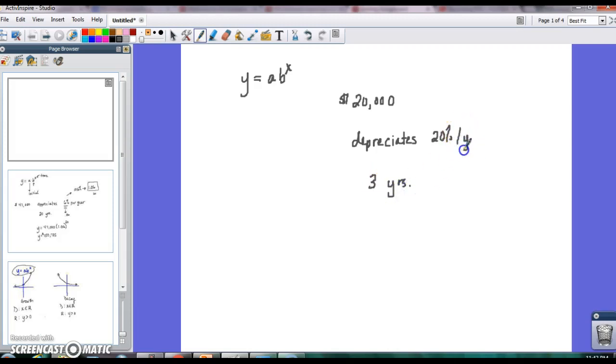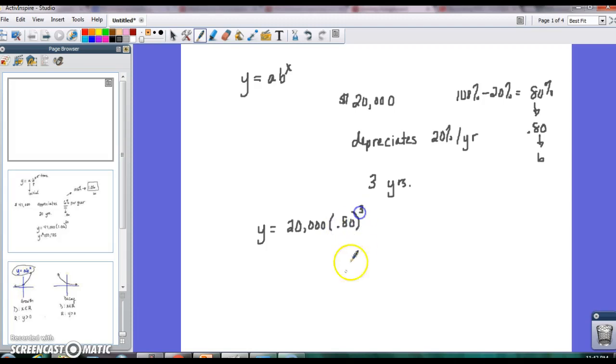Okay, 20% per year. So that means I started with 100% and I'm losing 20% each year. So now I'm at 80%. If I were to write that as a decimal, that's 0.8, and that is my B value. So if I plug into my formula, I have y is equal to my starting amount, which is 20,000. My B value is 0.8, and my x is 3. X is always your time.